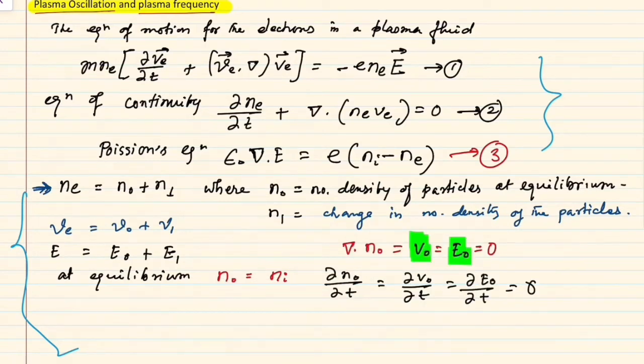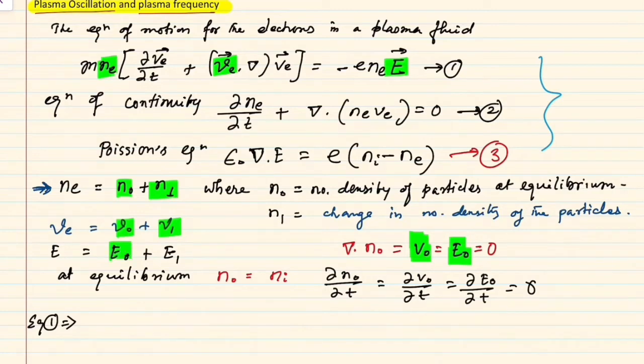Now see equation number 1. Replace NE by N naught plus N1, VE by V naught plus V1, and E by E naught plus E1.